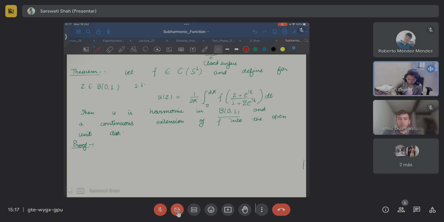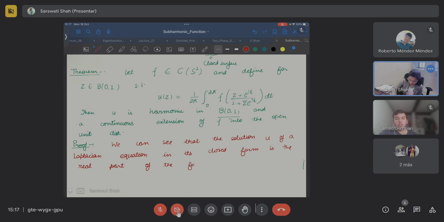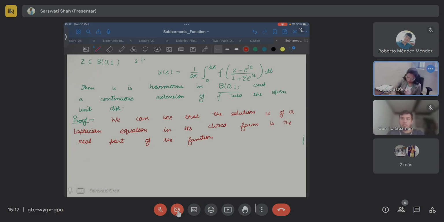So we can see that the solution u of the Laplacian equation in its closed form is the real part of the function g of z equals 1 over 2 pi integration 0 to 2 pi.